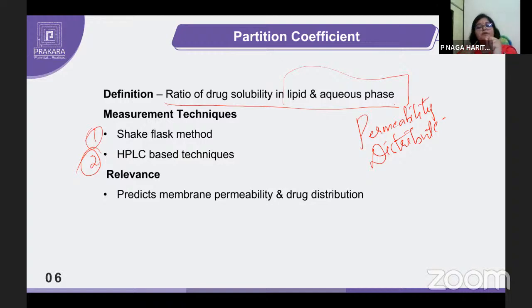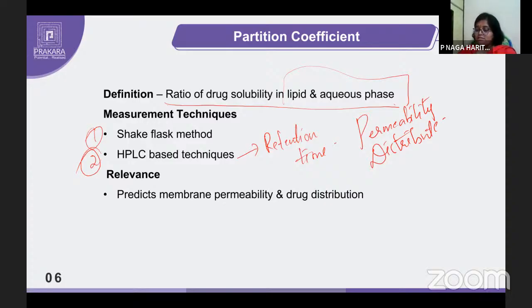Whereas the HPLC based system is faster and more precise, using the retention times. You'll be studying in your final year in analysis what retention time is. Based upon its retention time, we can estimate the partition coefficient.